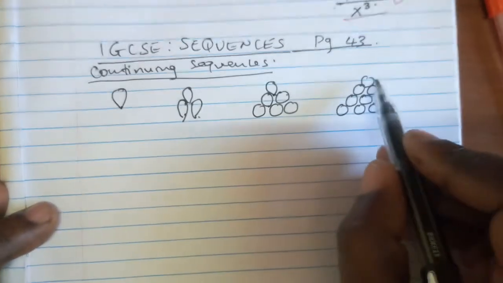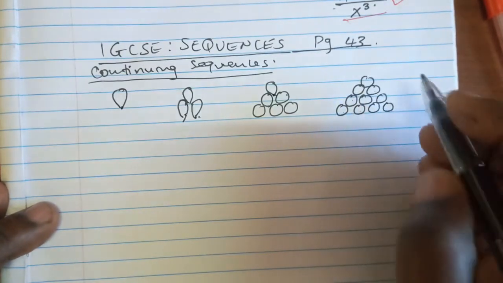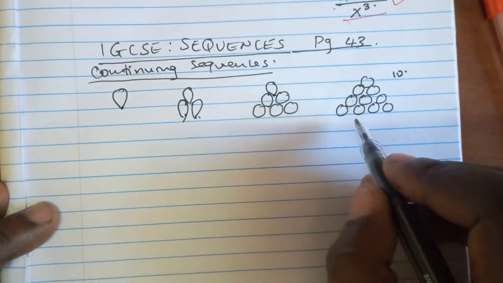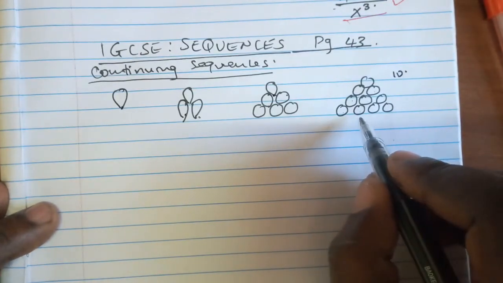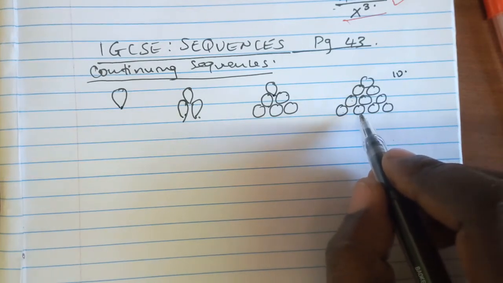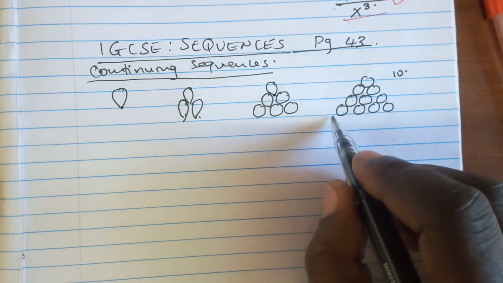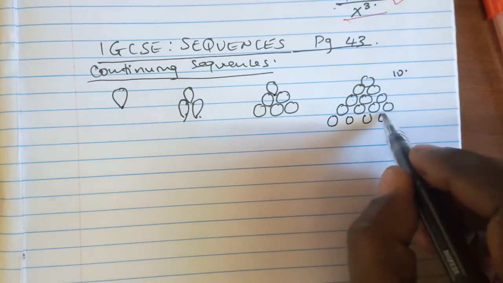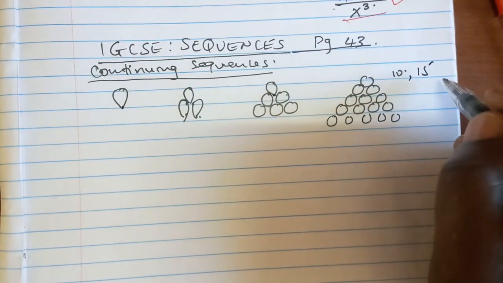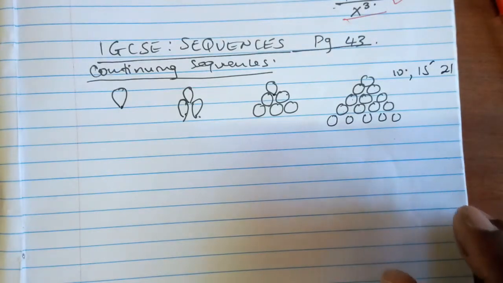So how many balloons do we need? 1, 2, 3, 4, 5, 6, 7, 8, 9, 10. These are 10. To go to the next we need 5 more, the next row of 5, and we are going to have 15. Then I'm supposed to go to 21 having added 6, and so on and so forth.